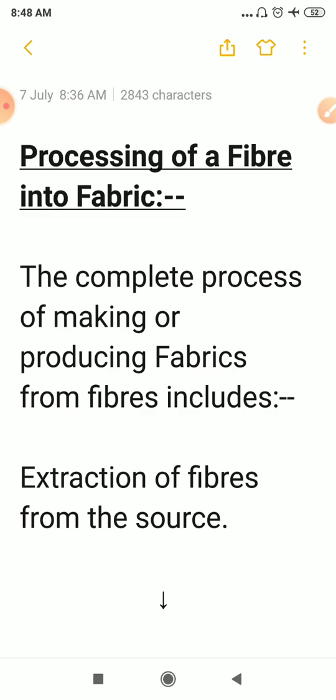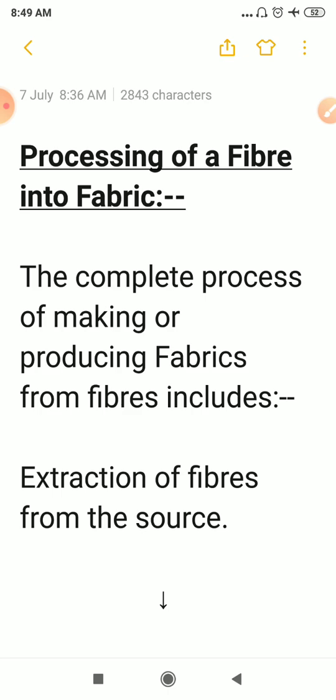Now, from this definition, you can differentiate between fabric and cloth. Cloth is the shirt, the pant that you are wearing, and fabric is the big piece of cloth that was not stitched, that you buy directly from a shop and take to a tailor.